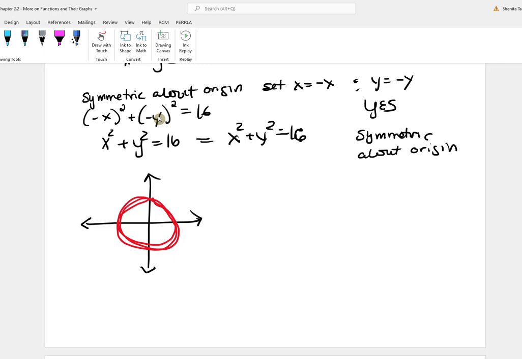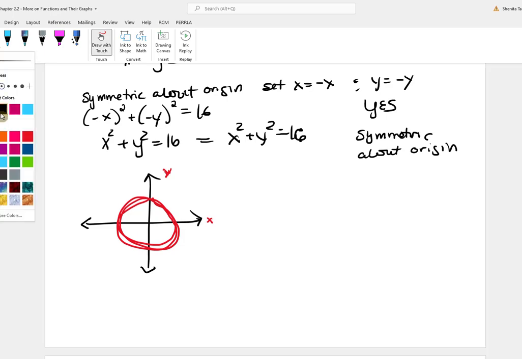If you were to fold this along the y-axis, the graph will overlap. Once again the circle will meet up. When it says symmetric about the origin, that means you turn it upside down. And if it looks the same as it is right side up, then that means symmetric about the origin.